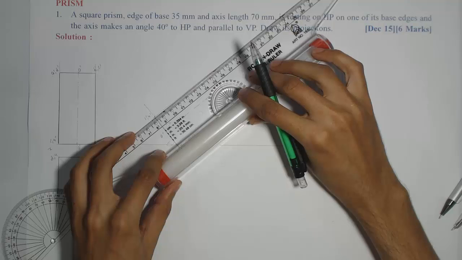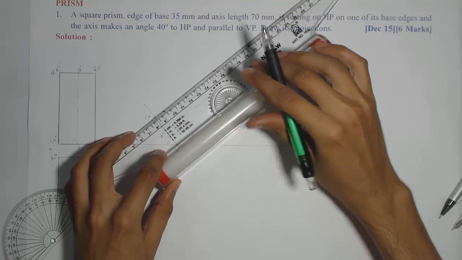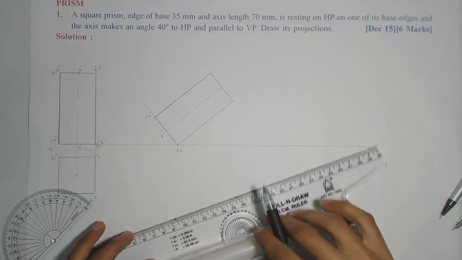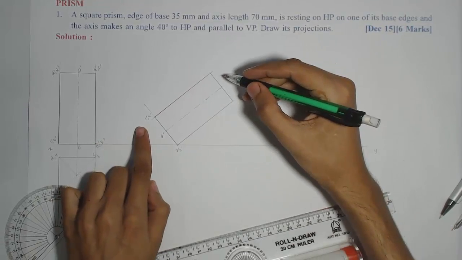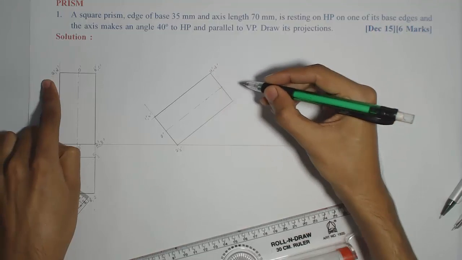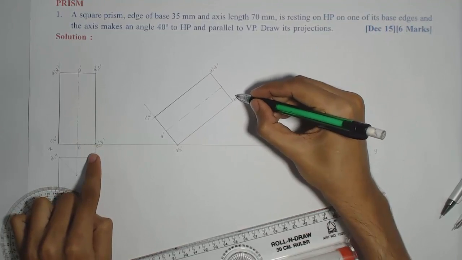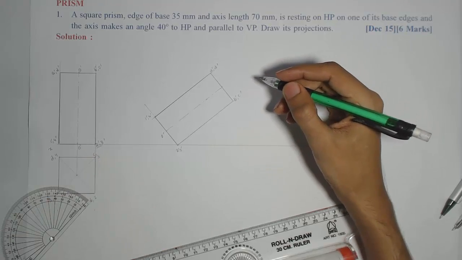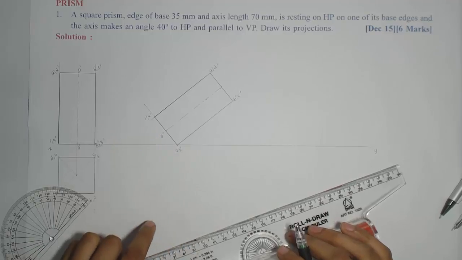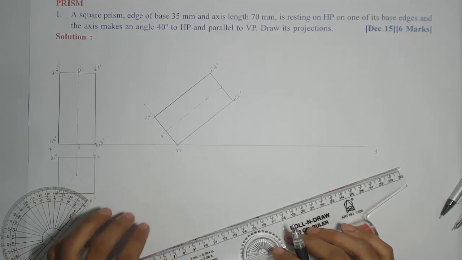Again, I need to repeat the notations. So 1 dash 4 dash, corresponding to that I have E dash, D dash, and 2 dash 3 dash will be B dash, C dash. Now from this front view, I need to draw the final top view.